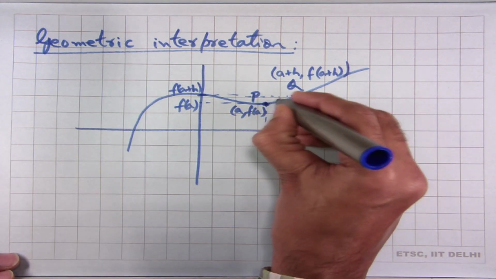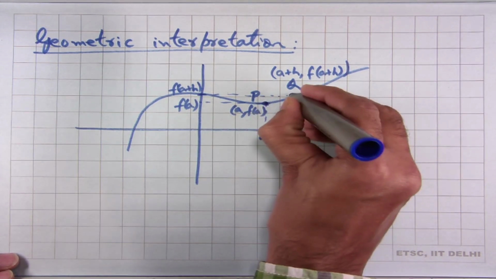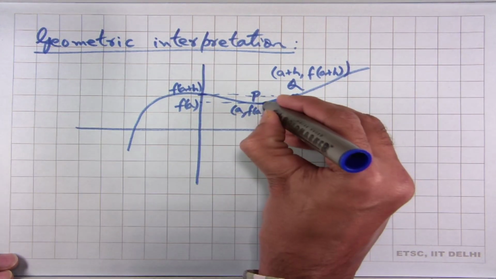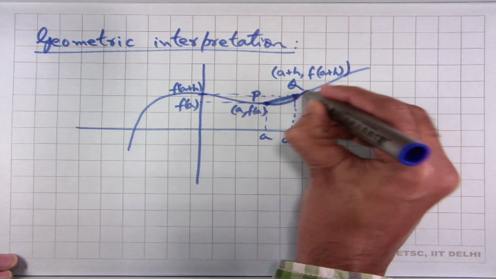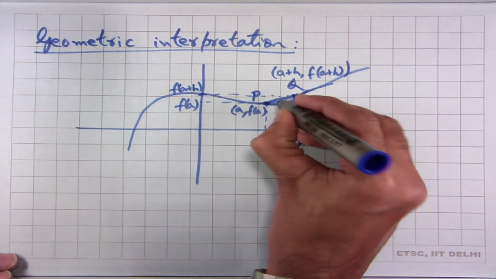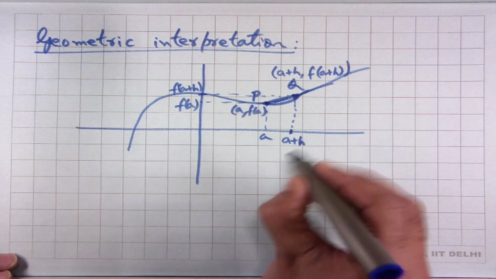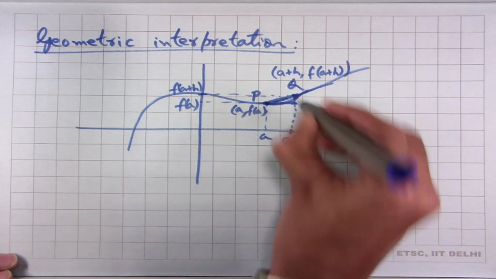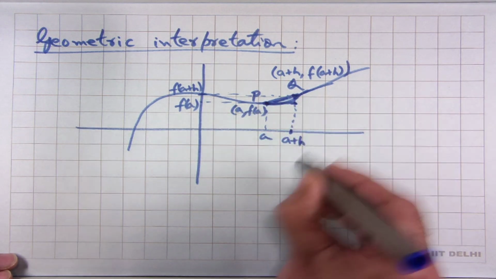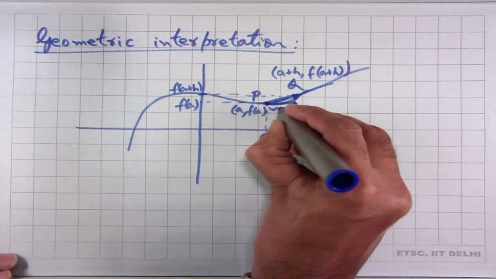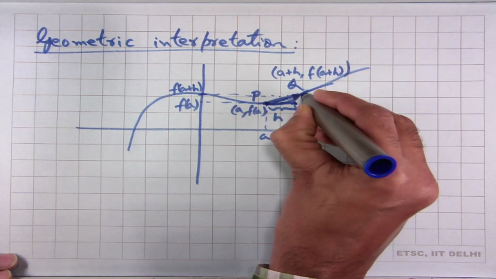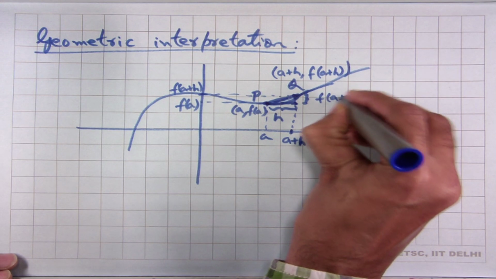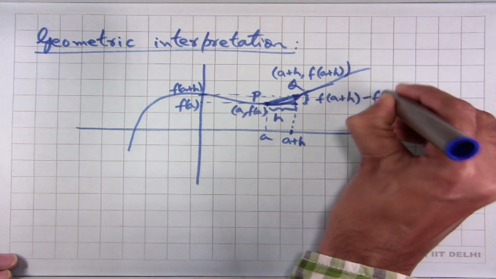Now, if I draw this line segment joining the point P and Q, and I draw a horizontal line here, then this part is h and this vertical part is f of a plus h minus f of a.